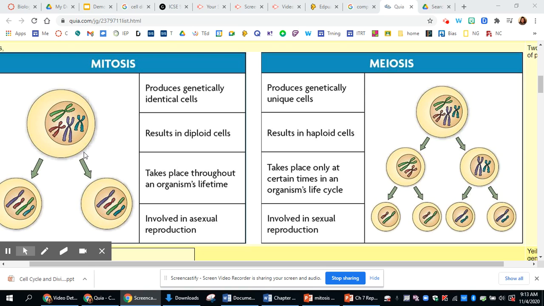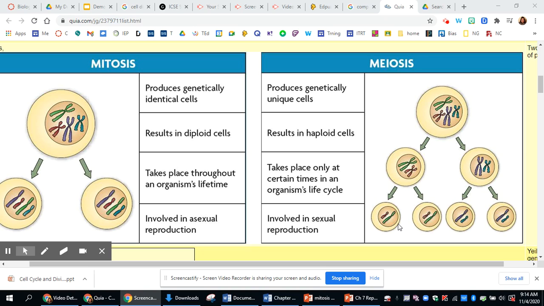And this is usually for growth and repair, and it will happen in the body cells, whereas meiosis only happens in reproductive cells. Another difference is that mitosis, which is associated with asexual reproduction, will form identical cells.